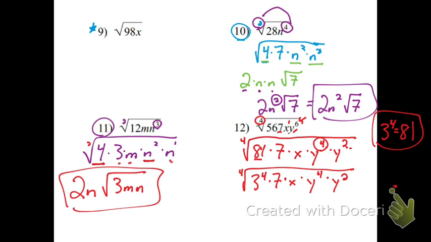So now I'm going to start taking the 4th root. The 4th root of 3 to the 4th is 3. Can't do that, can't do that. The 4th root of y to the 4th is y. Can't do that. So what we have now is 3y, and then I have the 4th root of 7 stayed in, x stayed in, and this y squared stayed in as well.